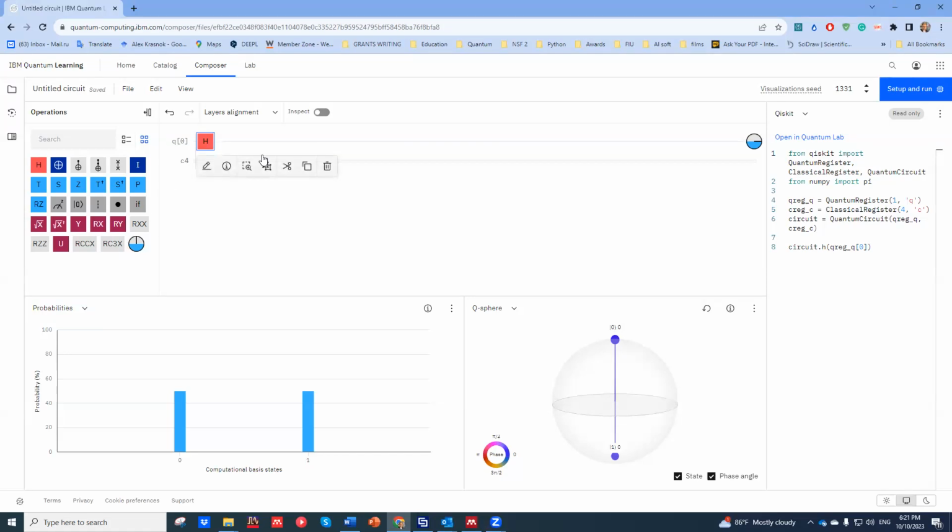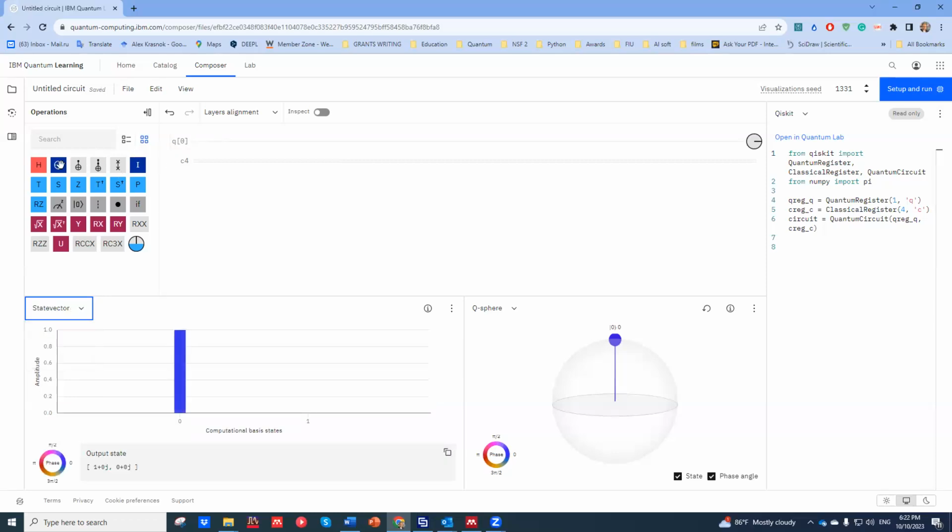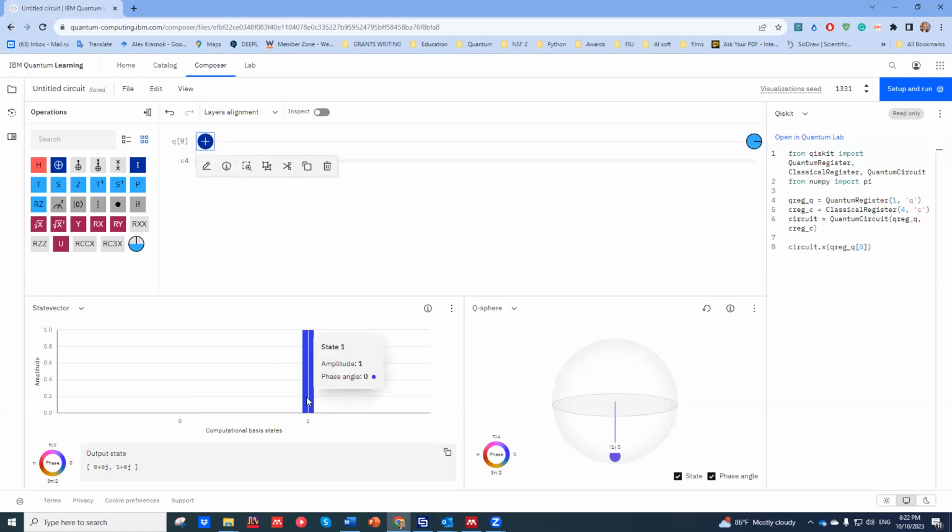Likewise, if I start with 0, I can apply the spin flip gate to turn it into state 1. And now I can apply this Hadamard gate right after.